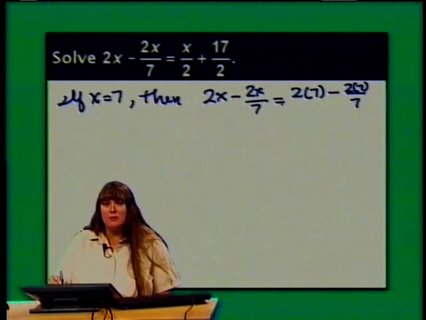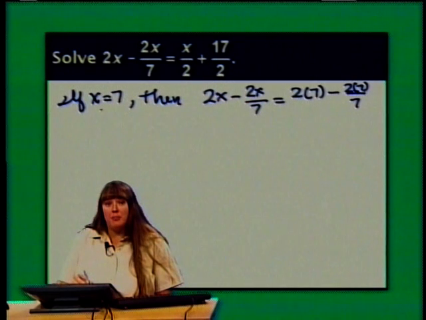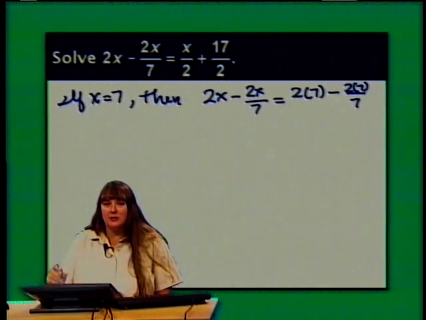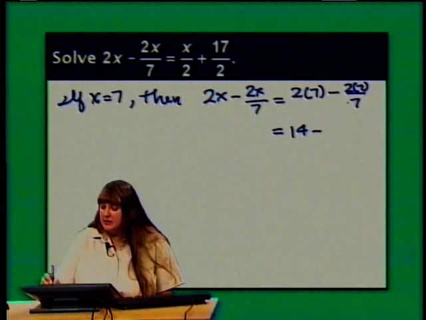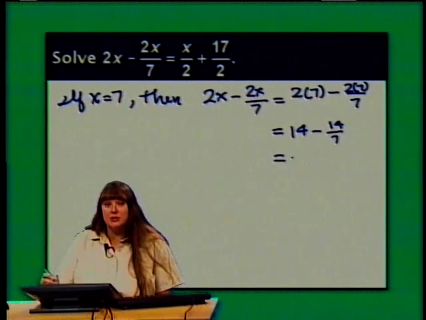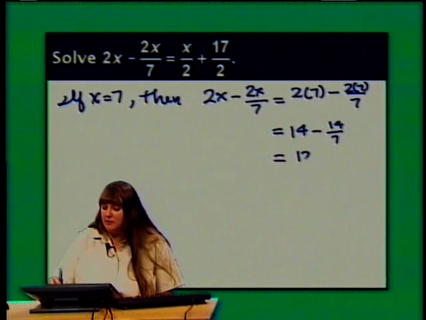Notice I didn't rewrite 2x over 7 as 2/7 x. I could have, but it really didn't make any difference here since my proposed solution was an integer, 7. I can just go ahead and multiply 2 times 7 in the numerator here. That's pretty easy. So I have 14 minus 14 sevenths, which is 14 minus 2, that's 12.